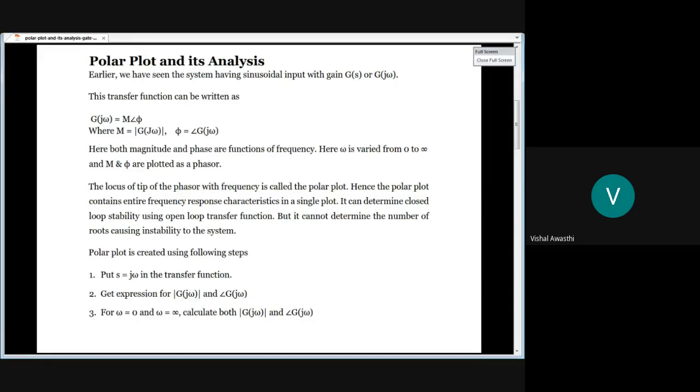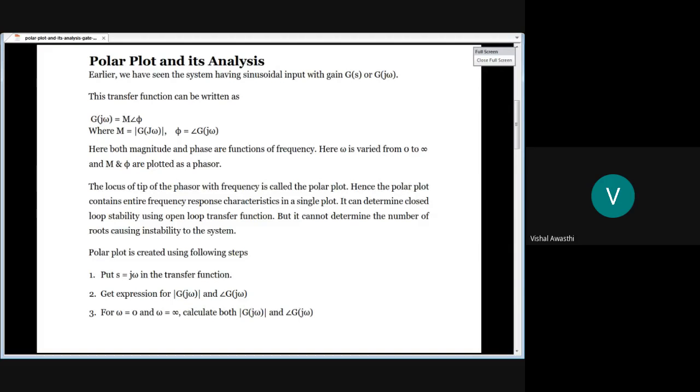So with the variation of this omega, you will plot a magnitude and phase plot, which is nothing but a phasor plot. The polar plot is nothing but the locus of the tip of the phasor with the variation of frequency.